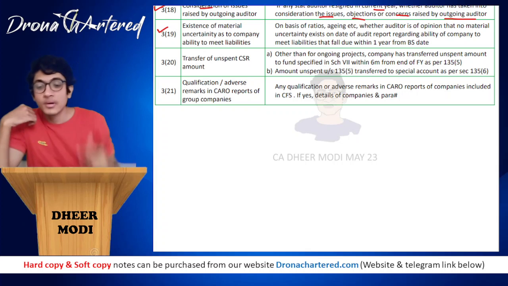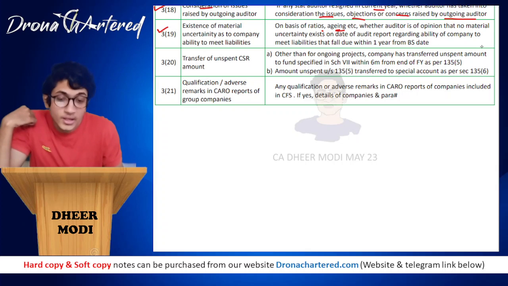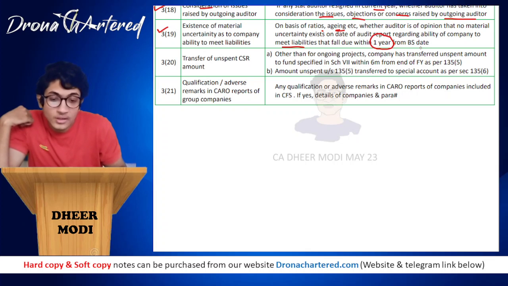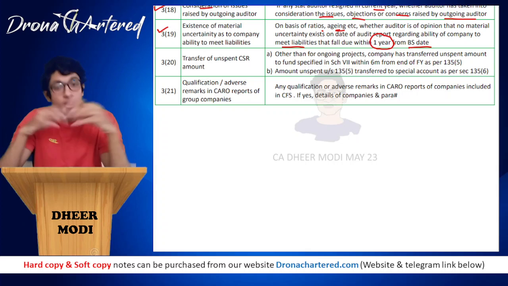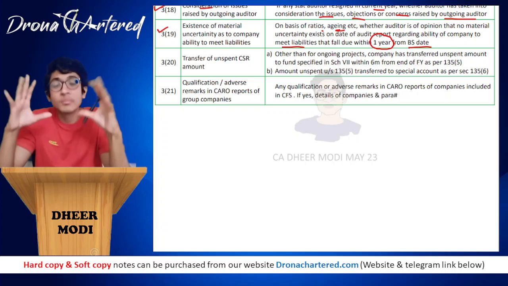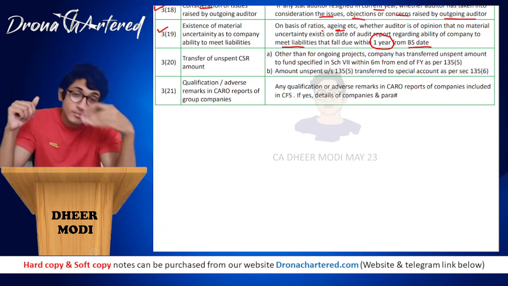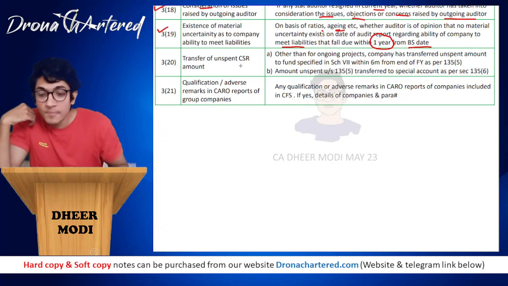So on the basis of ratios, aging, etc., whether the auditor is of the opinion that no material uncertainty exists on the date of the audit report regarding the ability of the company to meet liabilities that fall due within 1 year from the balance sheet date. So these are of course your current liabilities. So if the auditor feels, based on whatever ratios and aging analysis he does, that the company will not be able to meet liabilities coming in the next 1 year, it will be reported under clause number 19.